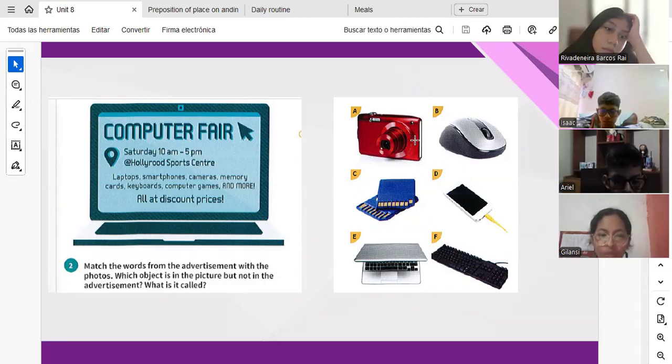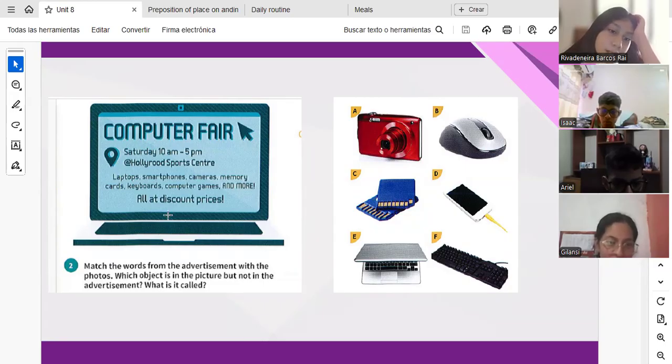So now, Jilansi, could you read the advertisement, please? Computer fair. Saturday, 10 a.m. to 5 p.m. Hollywood Sports Center. Laptops, smartphones, cameras, memory cards, keyboards, computer games, and more. All at discount prices.